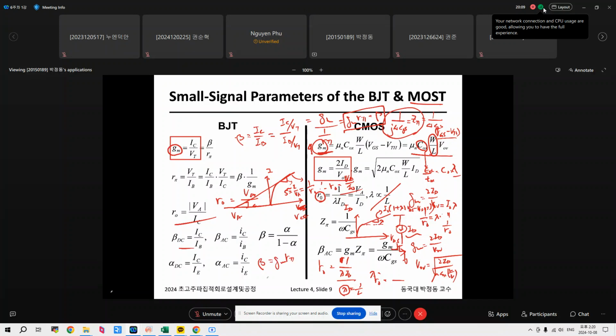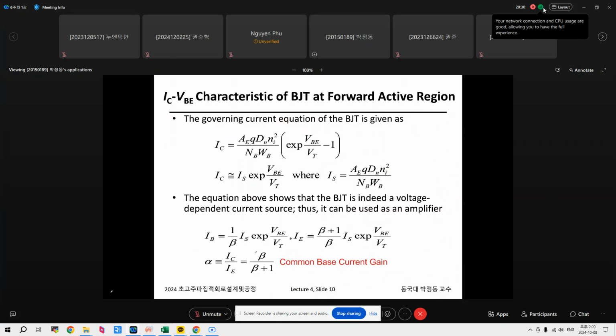In this case, beta equals GM multiplied by 1 over j omega CGS. This is the current gain at high frequency for the MOSFET.